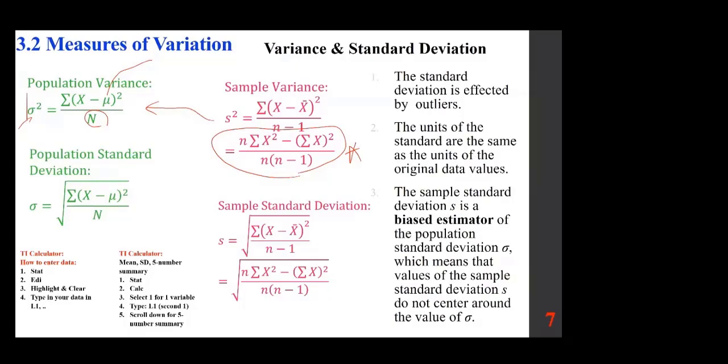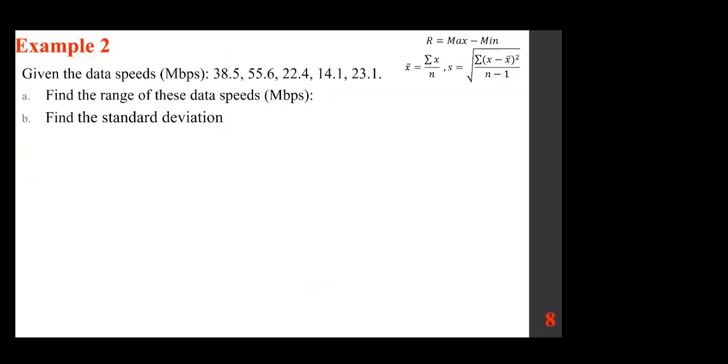I highly recommend you try it on your own when you have a piece of data and you want to calculate something. See if you can use your calculator that way. You can try it, and it's fairly nice and easy. So here's a very simple example we want to look at. We are repeating the same question, but we are finding other things in this case. We want to find the range.